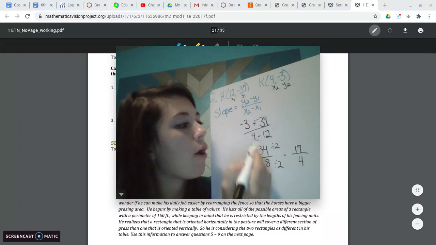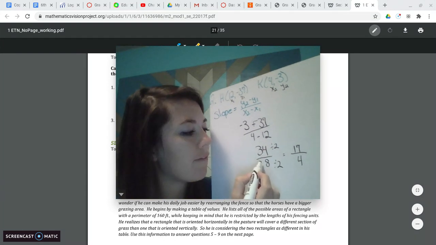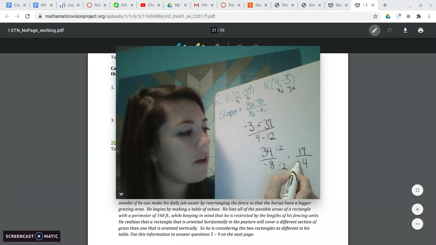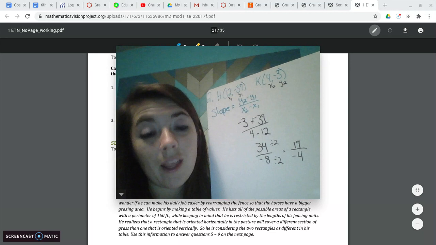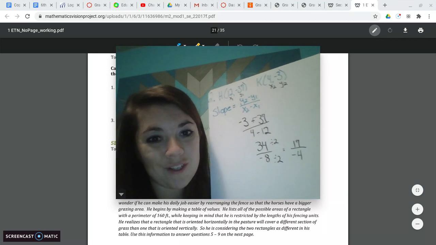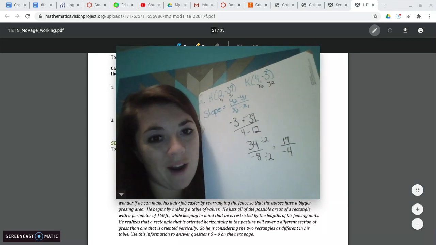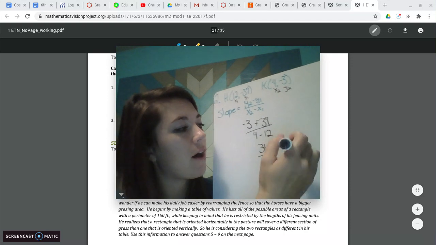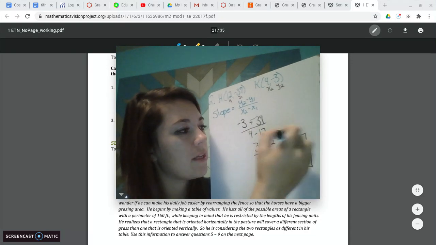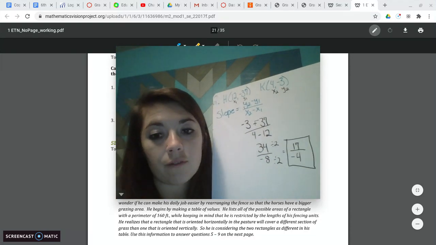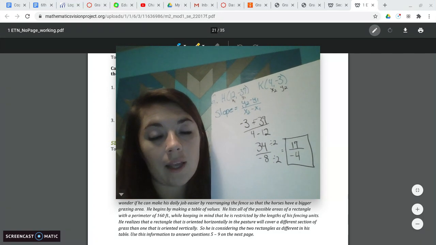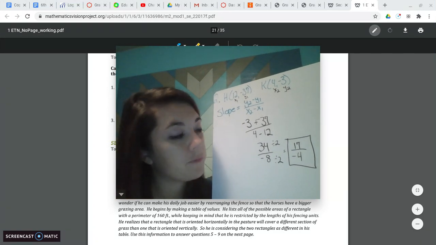I did indeed. 4 minus 12 is negative 8, which means that's a negative 4. Don't drop your negatives like I just did. You got to be super, super careful of that. So our final slope is 17 over negative 4, or negative 17 fourths.